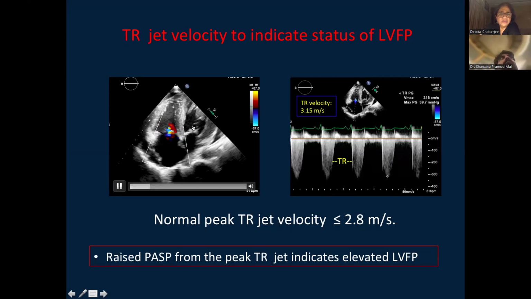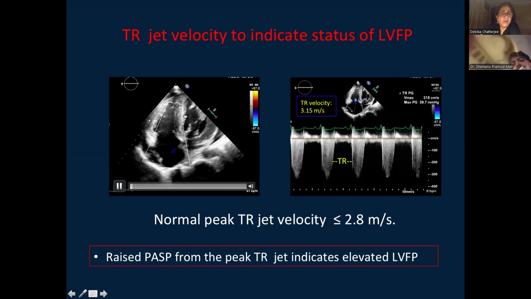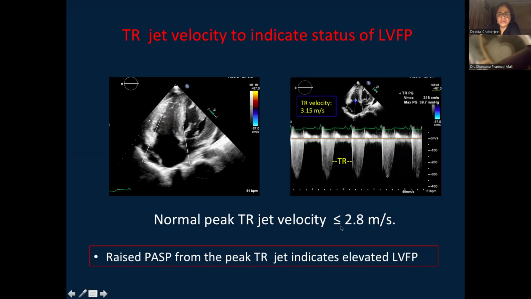Then I place the cursor and use continuous wave Doppler to get the TR jet velocity. You know that around 90 to 95% of the normal population has some mild tricuspid valve regurgitation. But the normal peak TR jet velocity should be less than or equal to 2.8 meter per second.